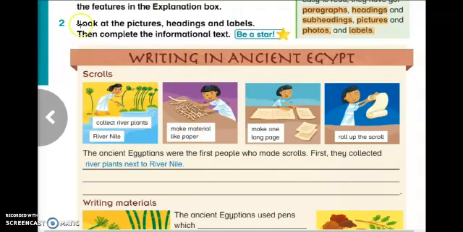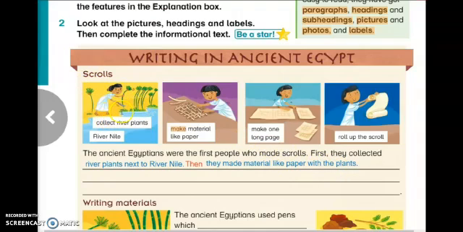Then, so here we have to use a linking word which is then to follow the stages. Then they made material like paper. Then they made material like paper with the plants.